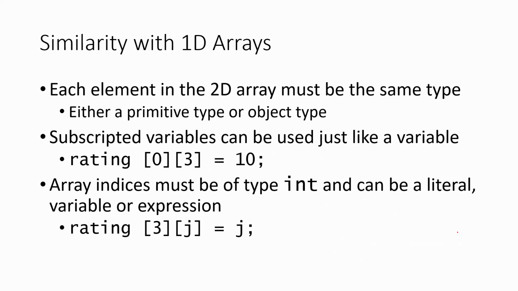What that would do is it would make row 0, column 3, his number would be 10. And you can put numbers or letters, variables for your column and row information, just like we were able to do bracket index when we were doing one-dimensional arrays.